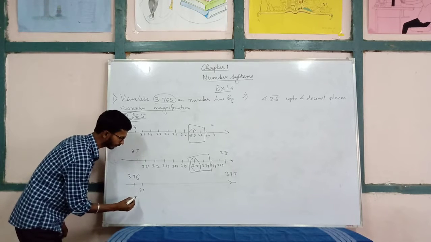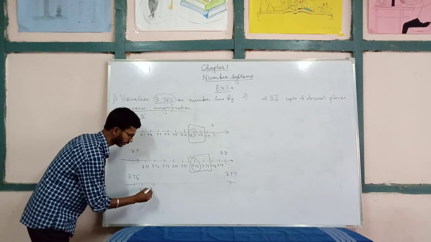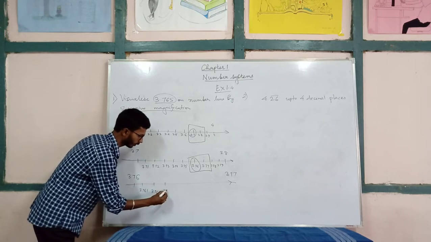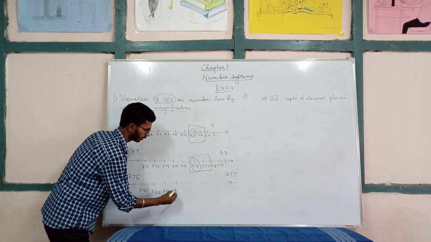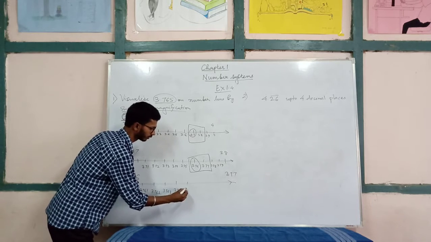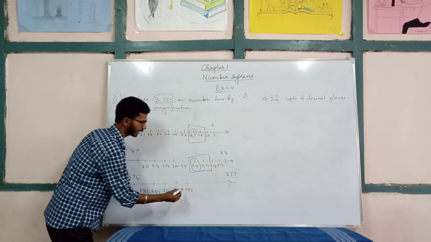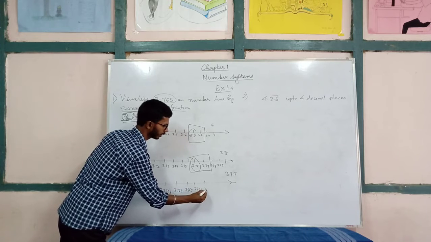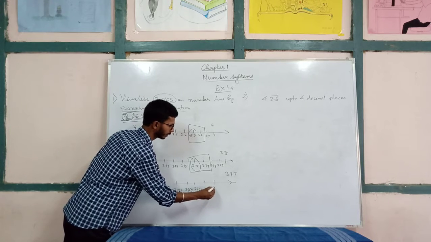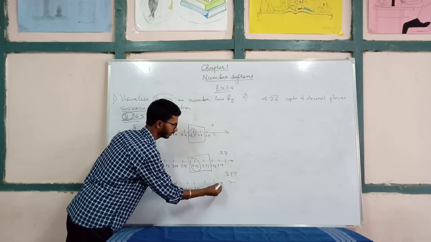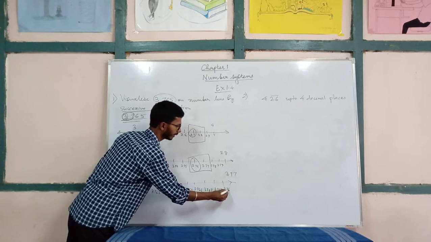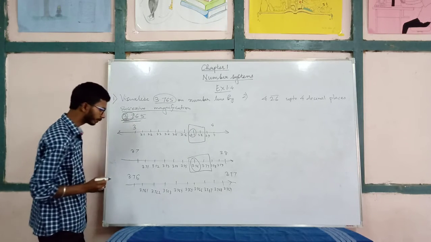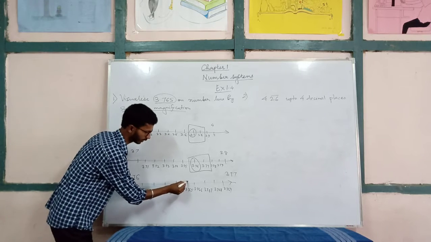So 3.761, 3.762, 3.763, 3.764, 3.765, 3.766, 3.767, 3.768, 3.769. So where is 3.765? This one.